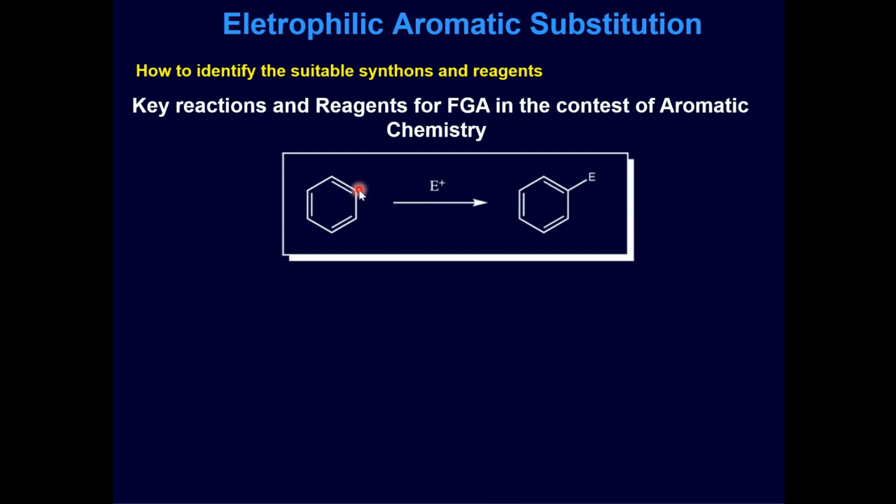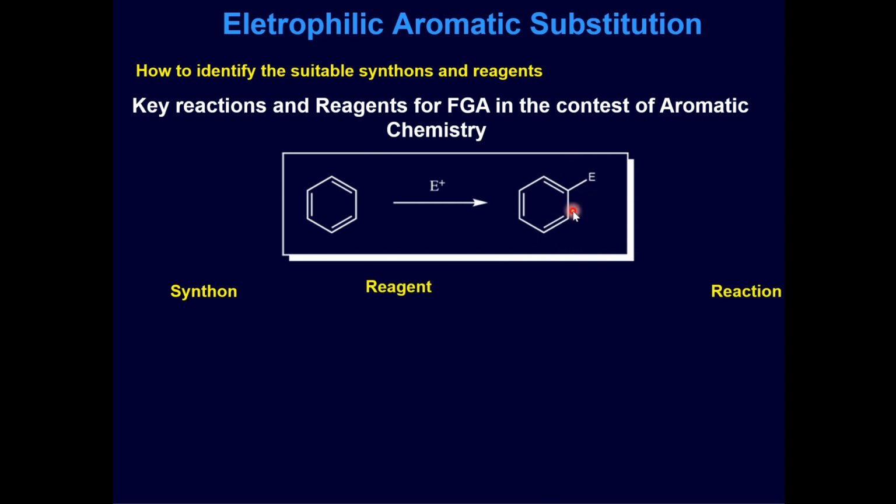The H plus in the benzene ring is replaced by E plus. I'll get corresponding E substituted benzene ring system. And to get this molecule, the retrosynthesis means I have to break the carbon-carbon bond over here. And I will get E plus and C6H5 minus.